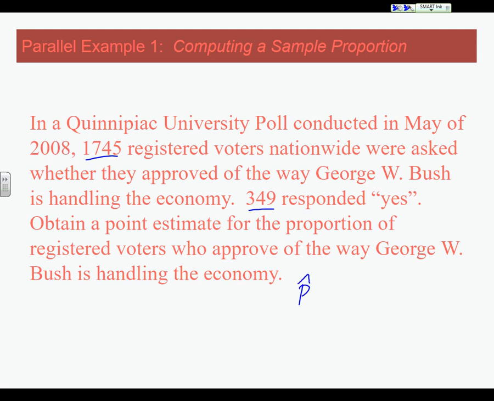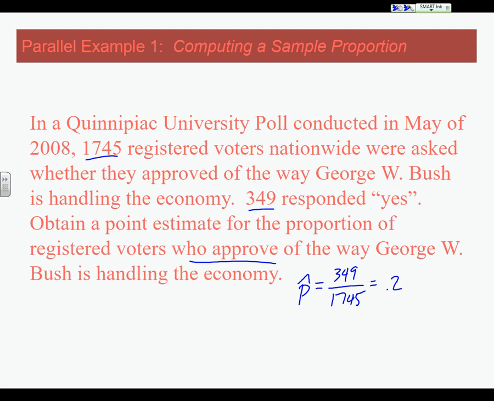If I'm just wanting a point estimate, that's just my p hat. And I'm just going to take the number of people that have a characteristic, the number of people that do approve, which is the 349. I'm going to divide that by the total number of people that were in my survey, 1,745. And that gives me pretty close to 20%, 0.2.